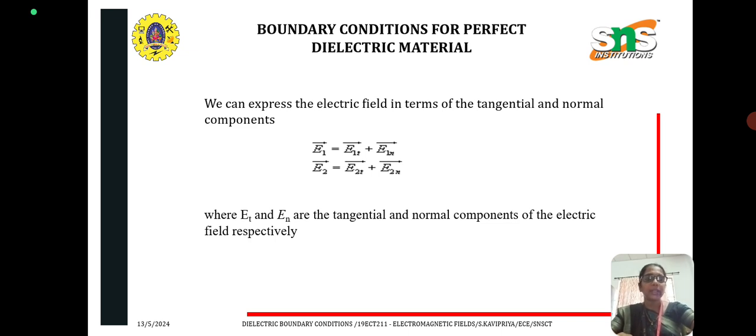E1t is the tangential component of the electric field in medium 1, and E1n is the normal component of medium 1. Similarly, E2 is E2t plus E2n. E2t is the tangential component of the electric field of medium 2, and E2n is the normal component of the electric field of medium 2.